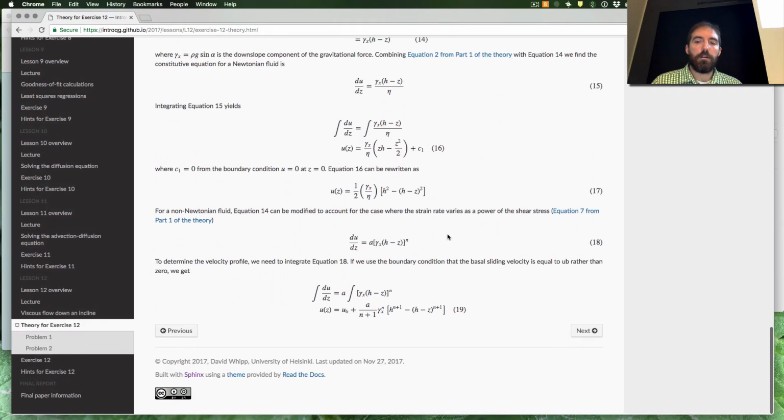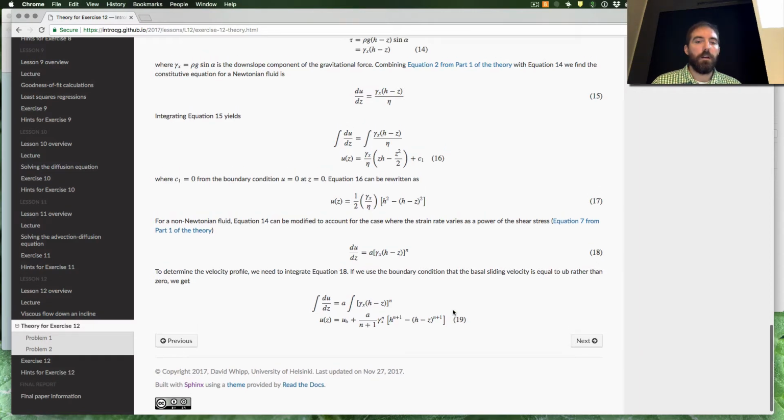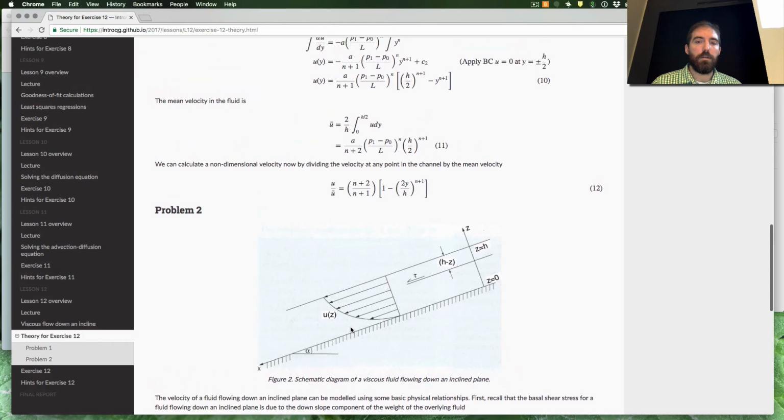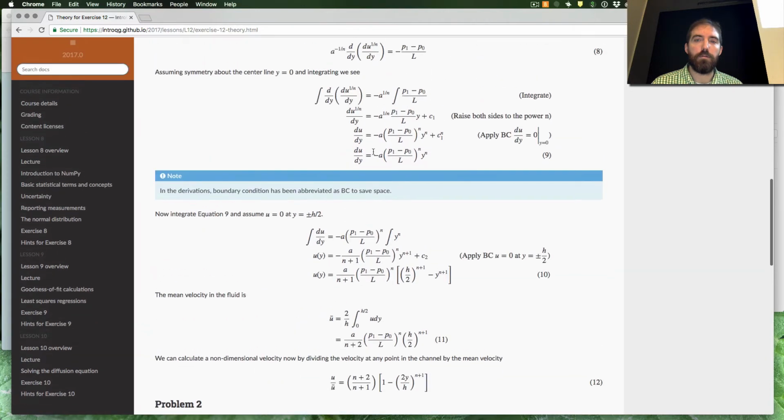There are, I think, 19 equations in here, and you're going to be referred at least to number 19, to number 12, and number 11, and I think also maybe number 9. Anyway, you'll see references in the text.